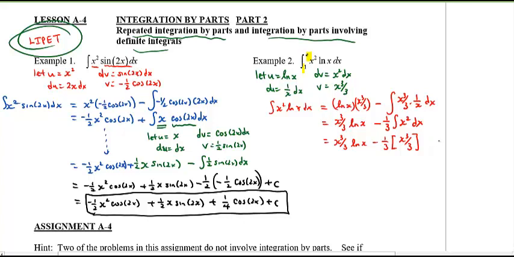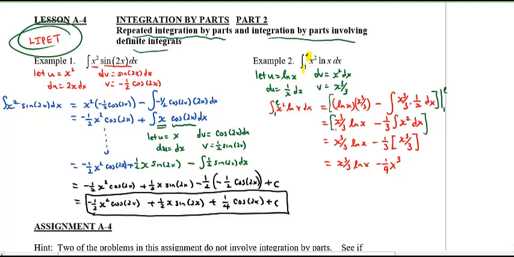I could put a plus c here, but remember I'm going to be now looking at doing it with limits of 1 and e. So let me just quickly simplify. And now, if you think about it, I need to evaluate this whole entire thing. So I could just go back and put in 1 and e, right? Which means this whole thing is evaluated from 1 to e.